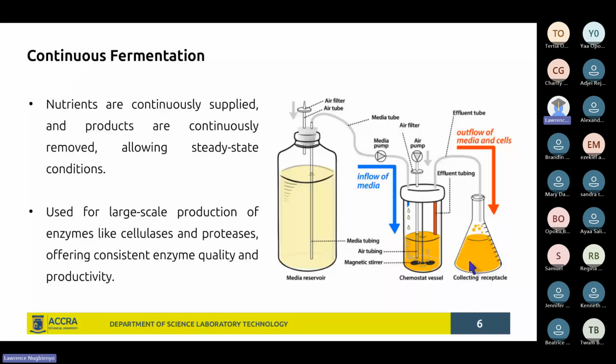So that is the continuous system that is highly efficient. It is actually the modern industrial system which is used in bioproduction or bioprocessing in industry at such large scale. That's what you see now in industries.